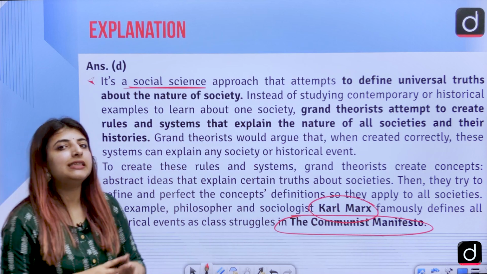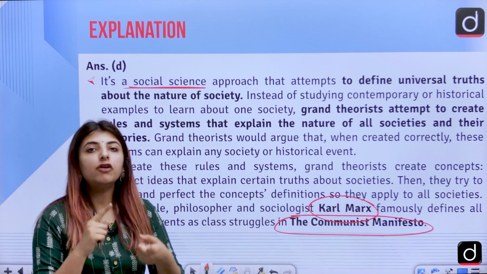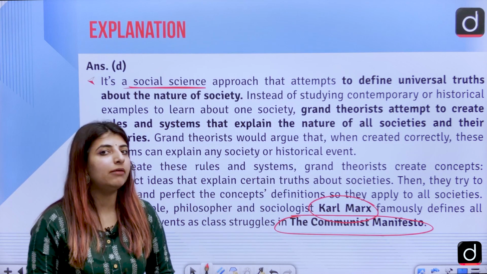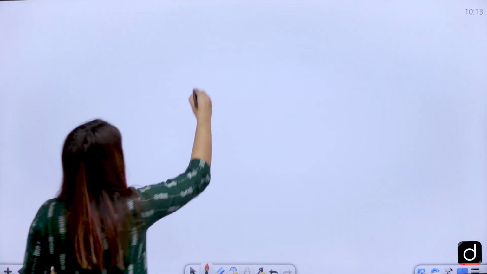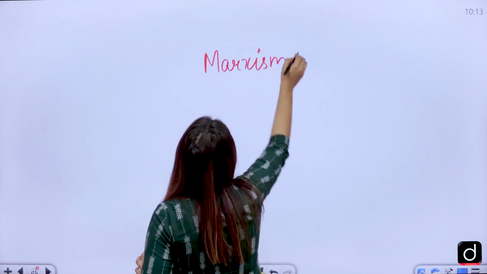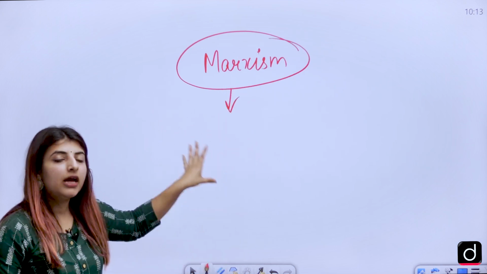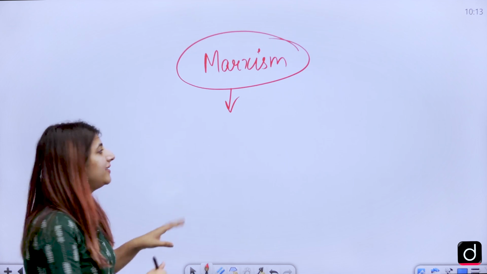So he has written this very book. He developed his own theory of Marxism, which in today's time we know as what? We know as Marxism, right?